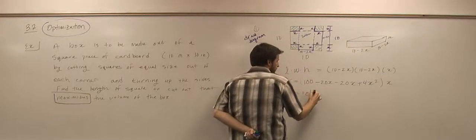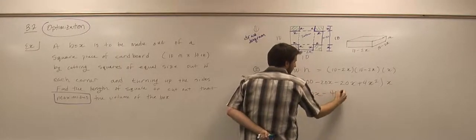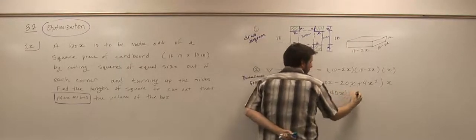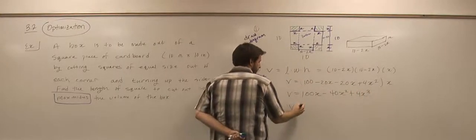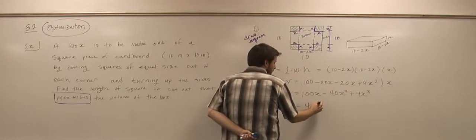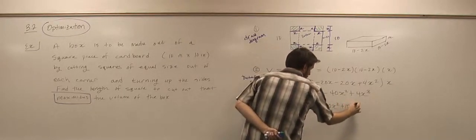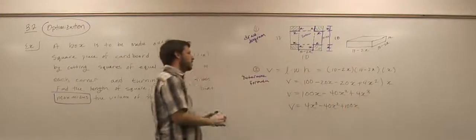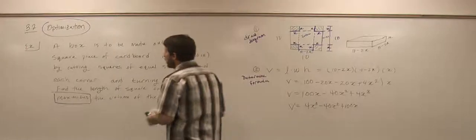So 100x minus, I guess we'll just collect these, 40x squared plus 4x cubed. So there's my volume formula multiplied out.